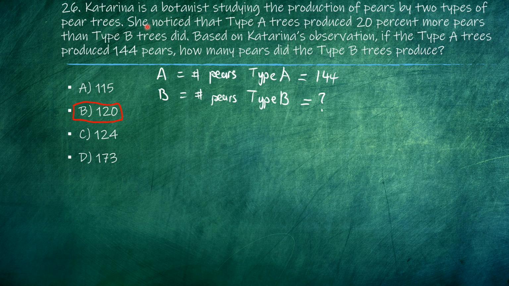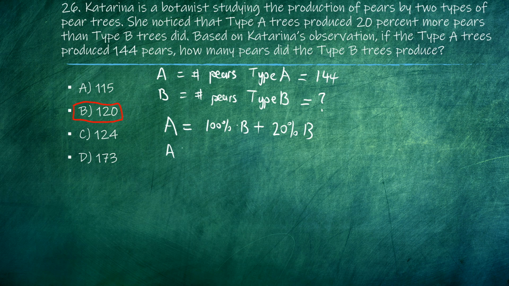And the relationship that is mentioned in the question is that type A tree produced 20% more pears than type B tree did. So we have the equation A is equal to 20% more. So we have 100% times the type B tree plus that 20% extra that the type B tree did.